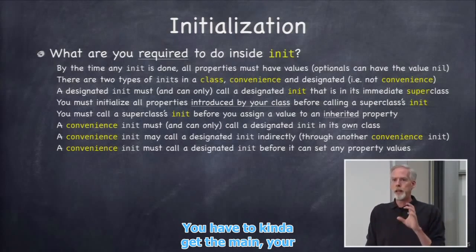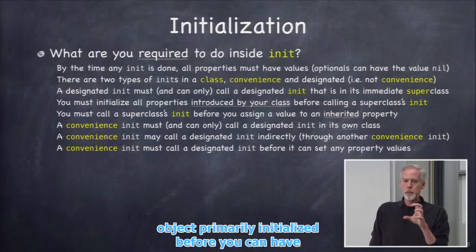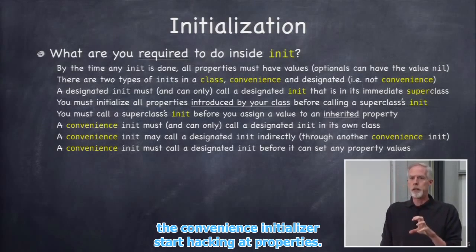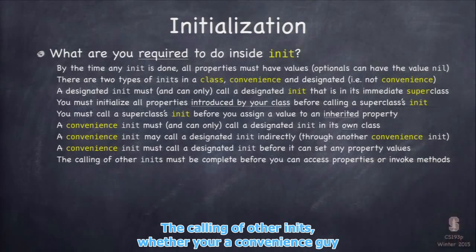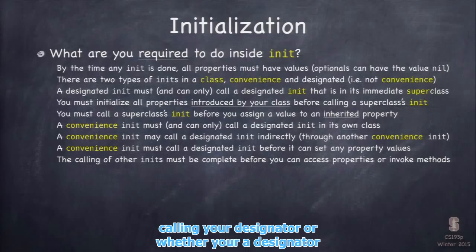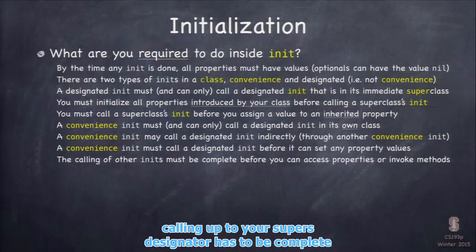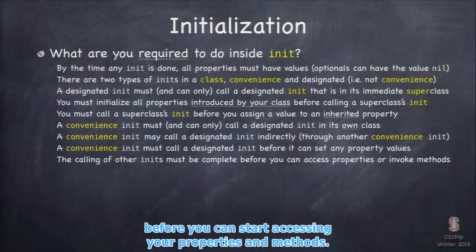You have to kind of get your object primarily initialized before you can have the convenience initializer start hacking at properties. The calling of other inits, whether you're a convenience guy calling your designated, or whether you're designated calling up to your super's designated, has to be complete before you can start accessing your properties and methods.